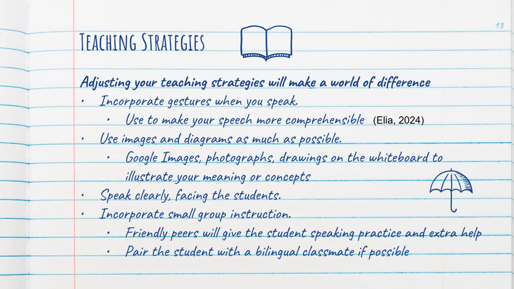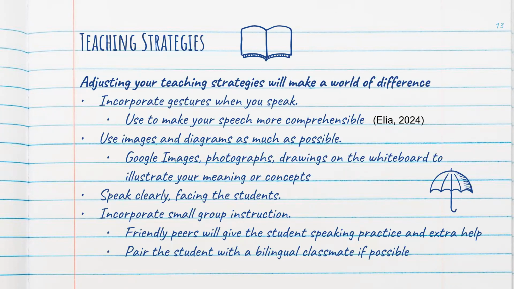Use your hands when you talk to emphasize what you're saying. And this will make your speech, even if they don't understand the exact words, they will have a better idea of what you are saying and make your speech more comprehensible.